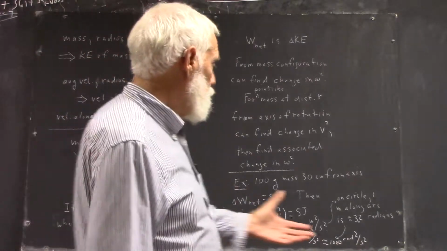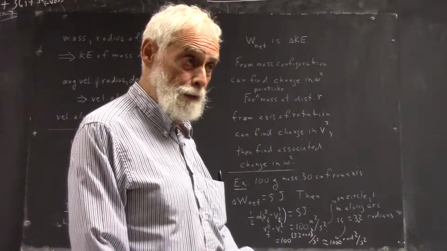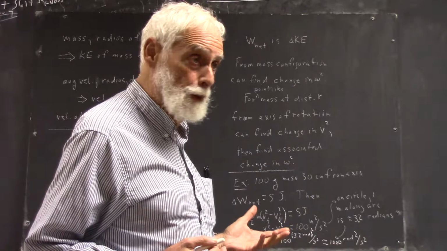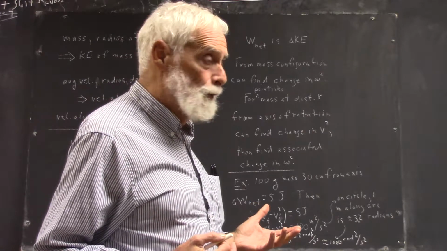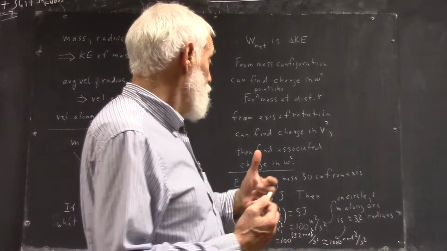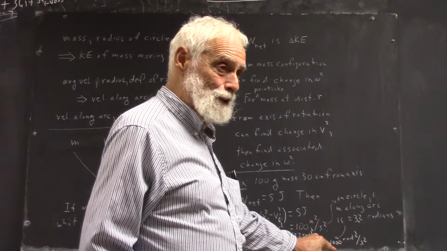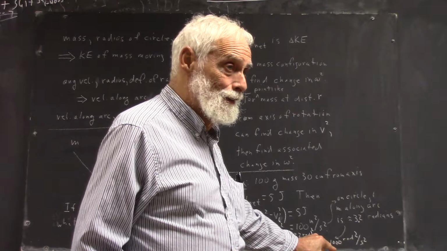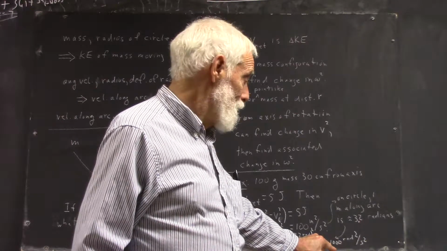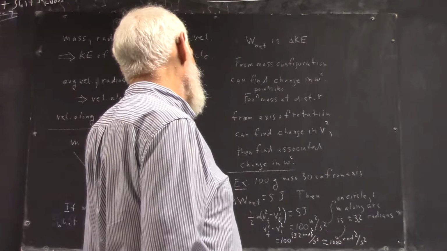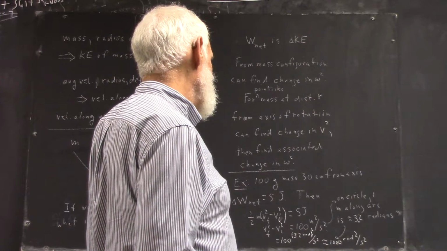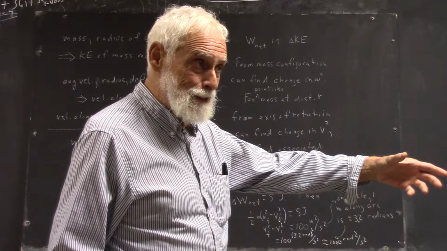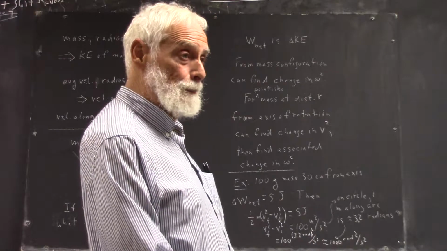Now, that's not a change in angular velocity, that's a change in squared angular velocity. If you want to get the change in angular velocity, you got to know what angular velocity you started with. Okay? So like if you started at 0, your change would be 1,000. That'd be your change in omega squared. Okay? So omega squared goes from 0 to 1,000 radians squared per second squared, right?